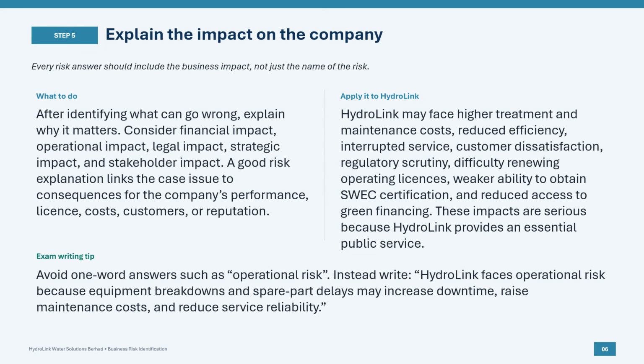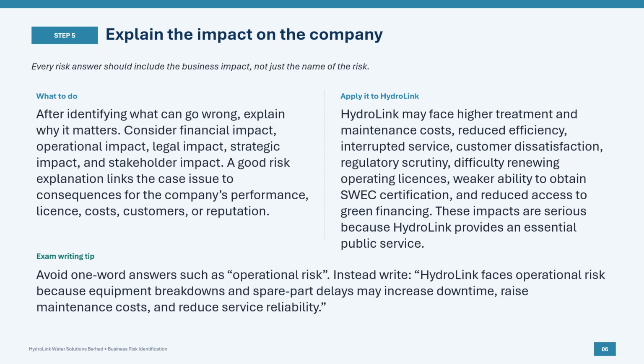Step number 5, explain the impact on the company. After identifying what can go wrong, explain why it matters. Because in organizations, if the impact is too small, the business leaders may not want to focus on that area.